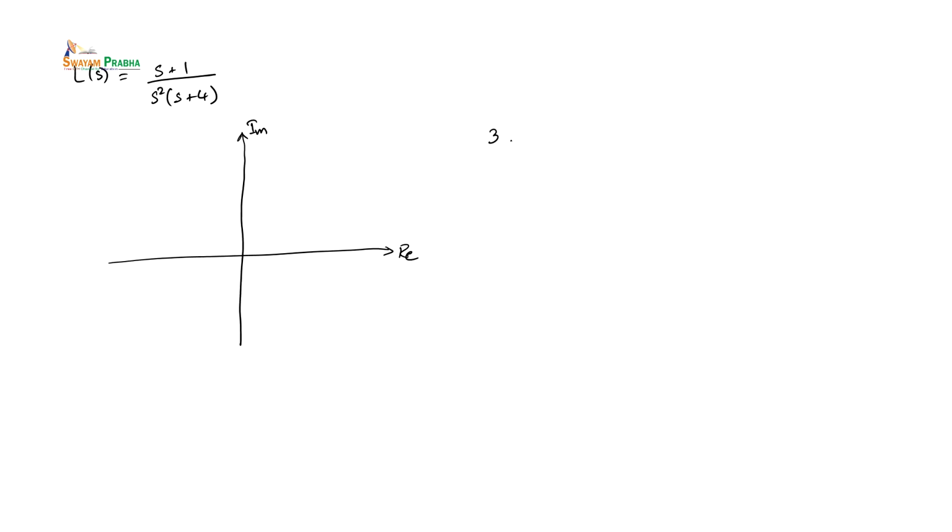So same thing, 3 poles, 1 zero, so 2 poles at 0, 1 at minus 4 and a zero at minus 1.